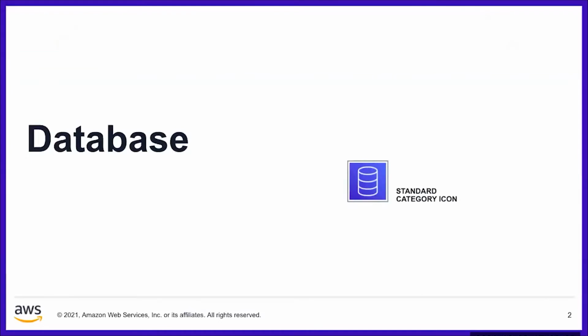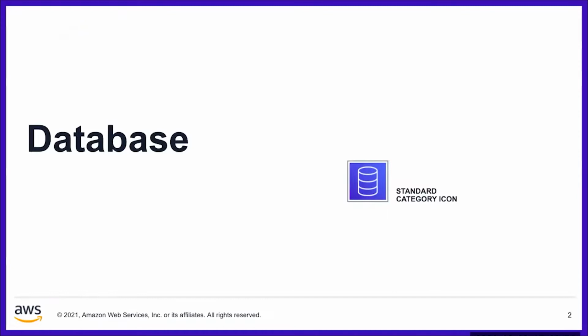For AWS, this is the standard category icon. Here, category means different types of services provided by AWS. In this case, database is a category alongside computation, storage, machine learning, and other newest services, analytics services.